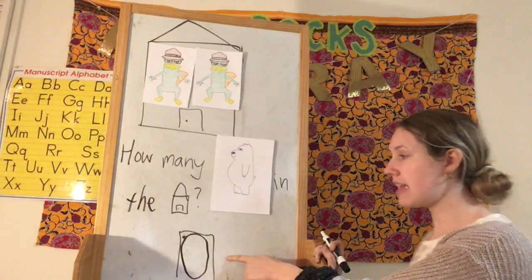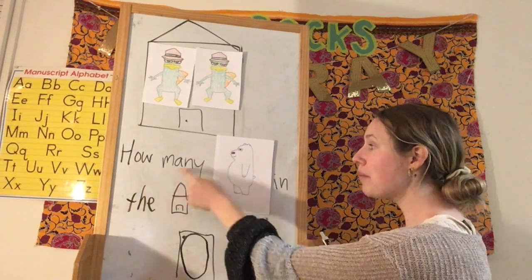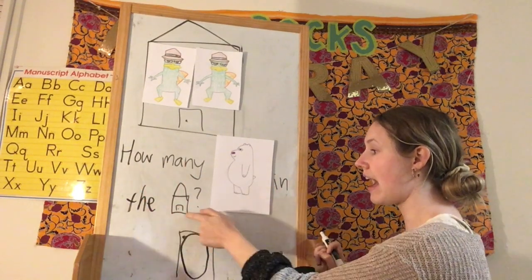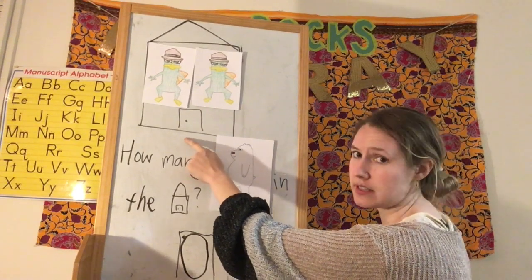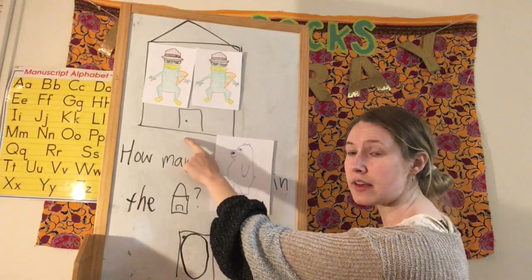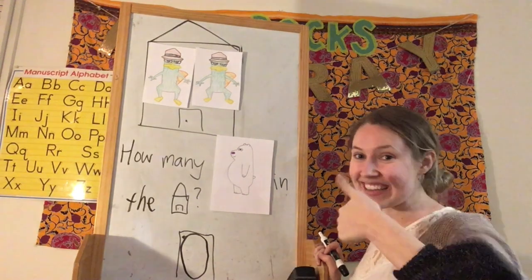So there's my answer. So the how many question was, how many polar bears in the house? And I'm looking up at my picture problem. There are no polar bears in this house. So I need to write the number 0 in my answer box. And there it is. Nice job, you guys.